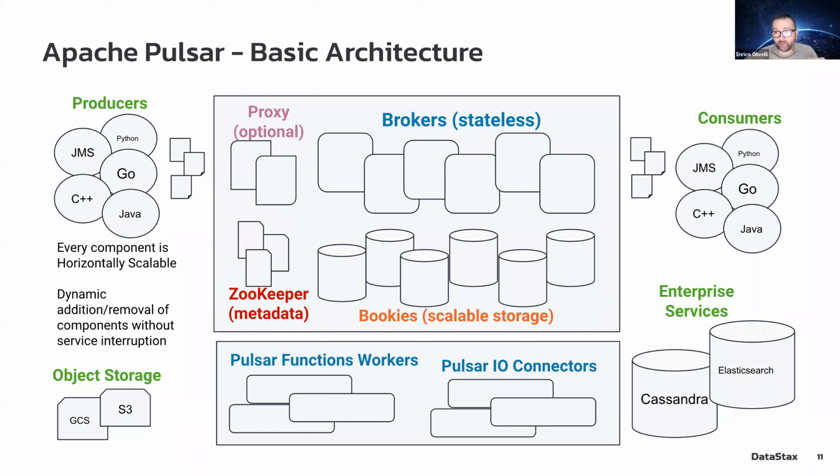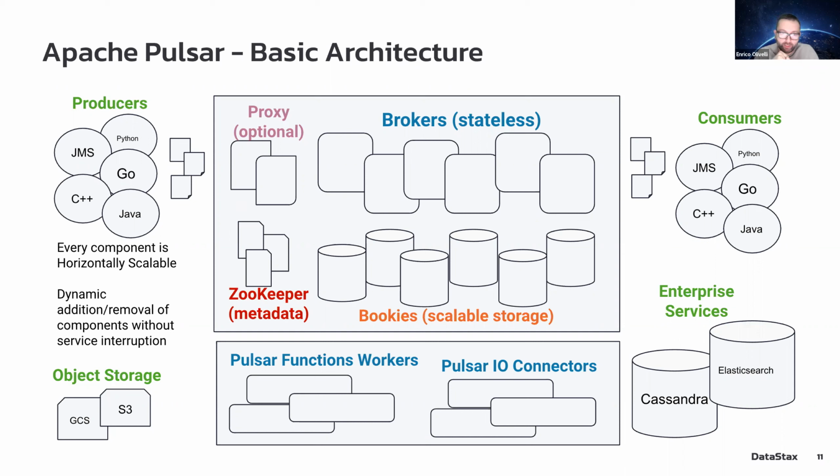You can scale out and scale down the bookies, and when you add new machines, the cluster automatically uses the new machines. And you do not have to perform a rebalance operation, reassigning things to the new data nodes. Everything can work automatically. You have to provide a metadata service, and usually you are using Apache ZooKeeper.